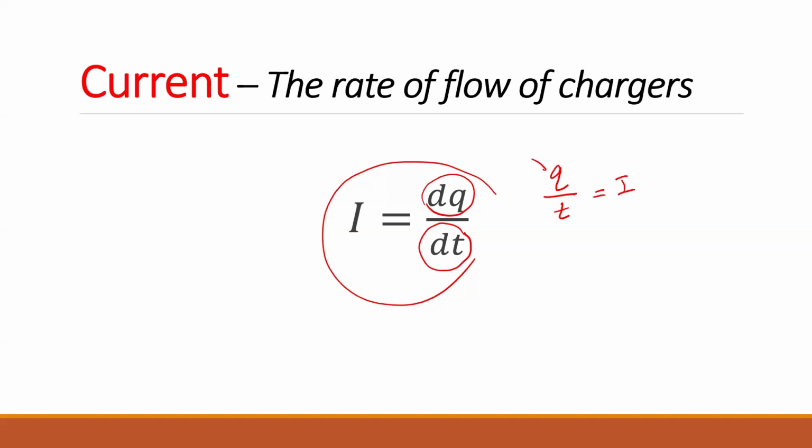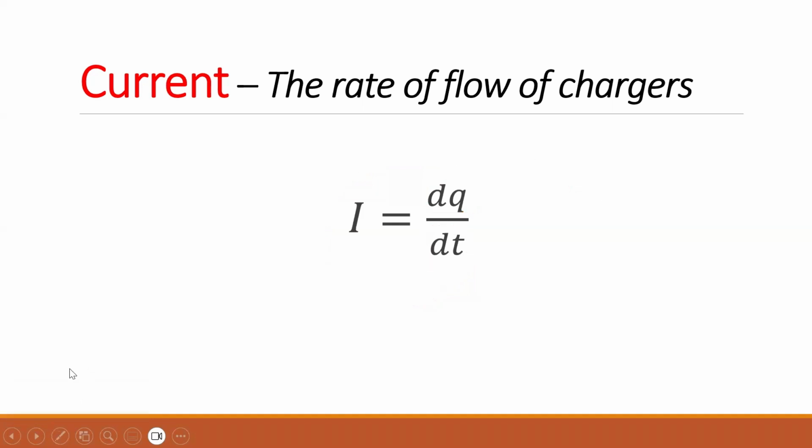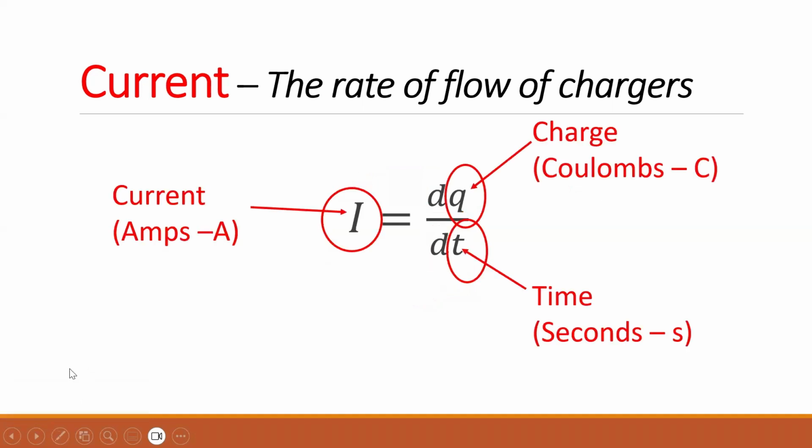Q is measured in coulombs, time is measured in seconds, and for the current we use amps. These units are very important because otherwise you will lose marks even though you have the right answer. So current is equal to charge divided by time.